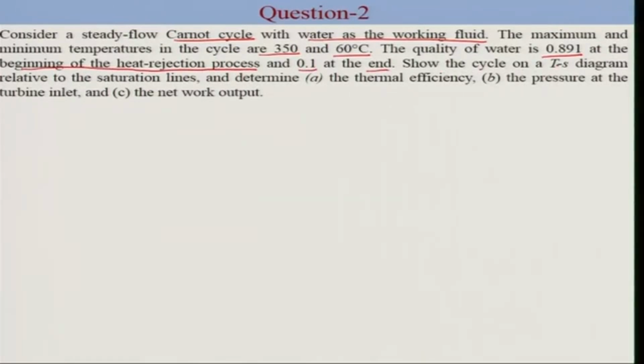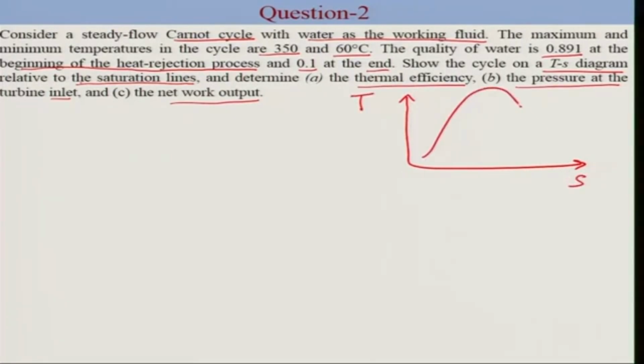Show the cycle on a TS diagram relative to saturation lines and determine thermal efficiency, the pressure at the turbine inlet and the network output. So, if you see the process on a TS diagram, since initial conditions are given, it is given that during the heat rejection process, initially quality is 0.891.